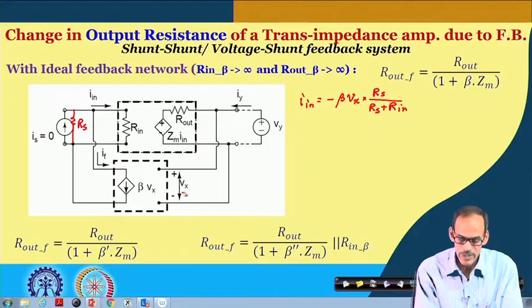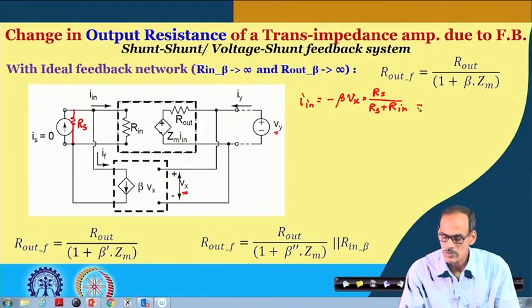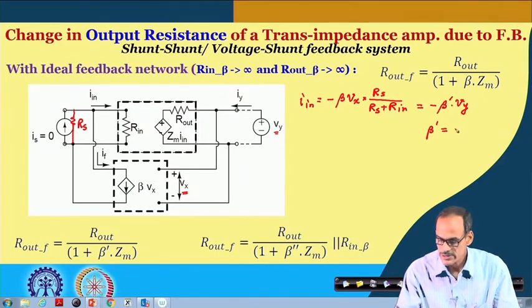And V x incidentally is the same as V y. So, again we can say this is minus beta dash into V y, where this beta dash and the previous beta dash are different. This beta dash is beta multiplied by R s divided by R s plus R in.